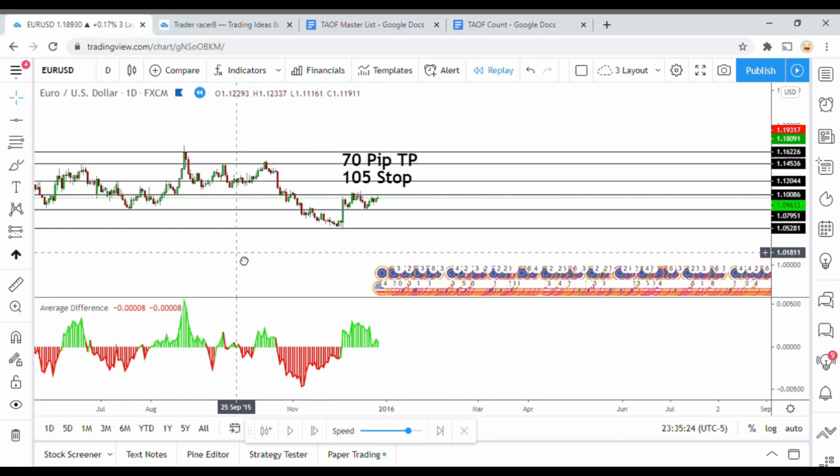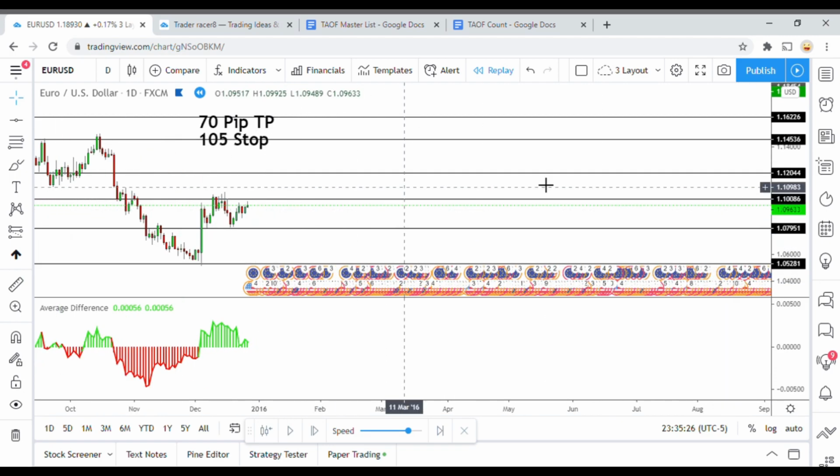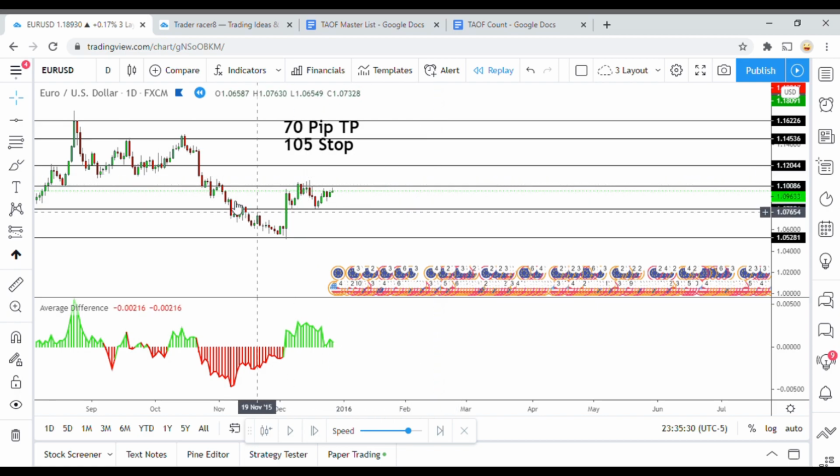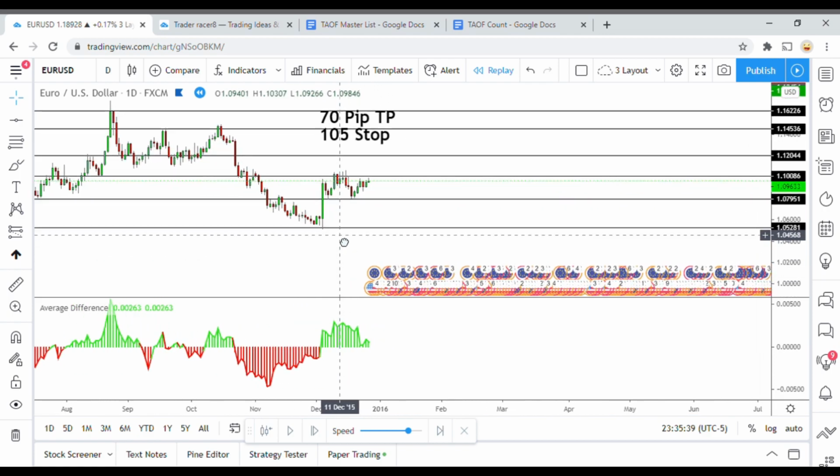And then there you go, you end up with kind of a grid like so. That gives you an idea of potential support and resistance areas. Now, of course, these are not perfect lines in the sand. They are more kind of zones than anything.